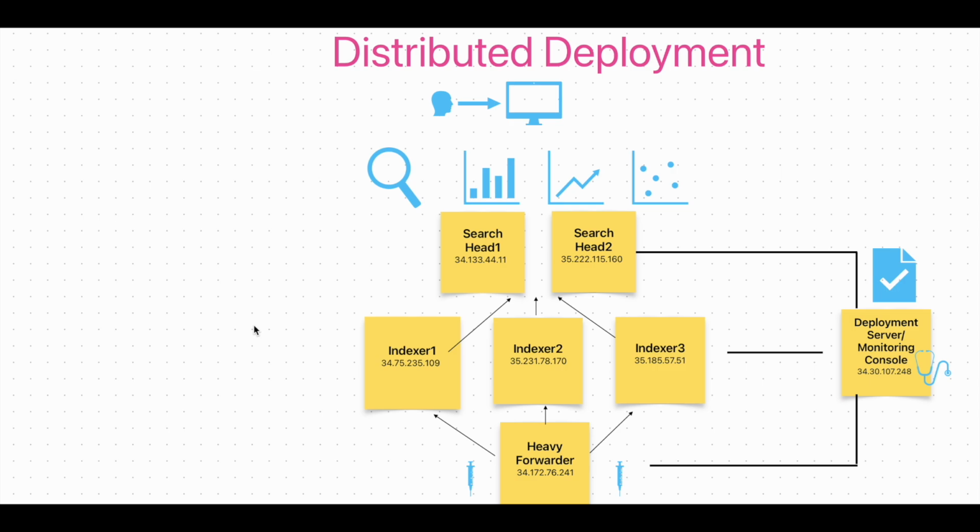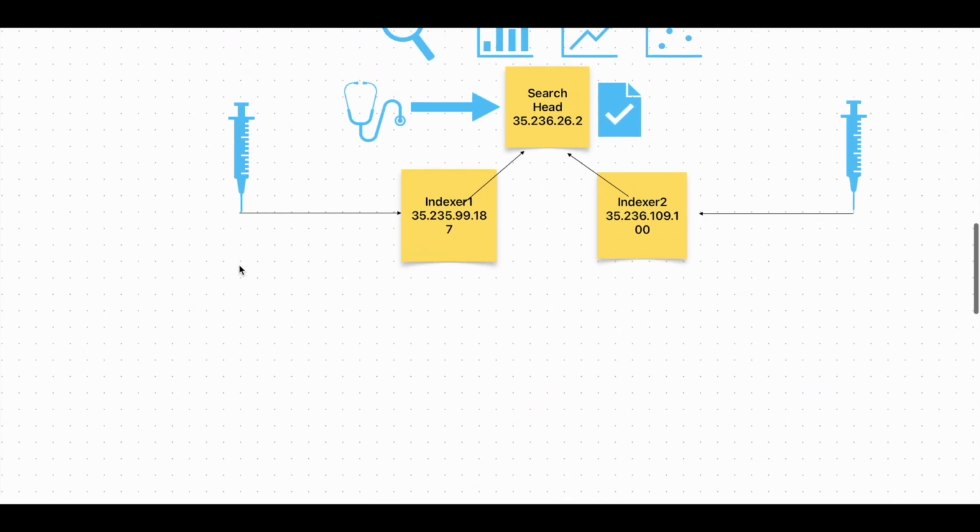So this is the video in continuation of implementation of Splunk. Till now I have covered a basic distributed environment where I have used a single search head and two indexers. Let me show you what I have used.